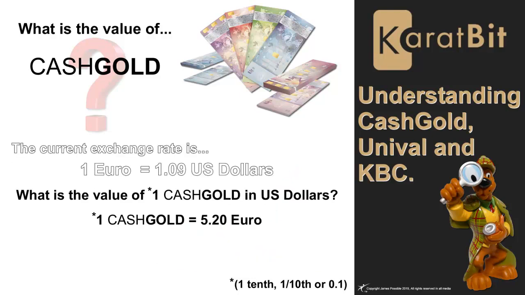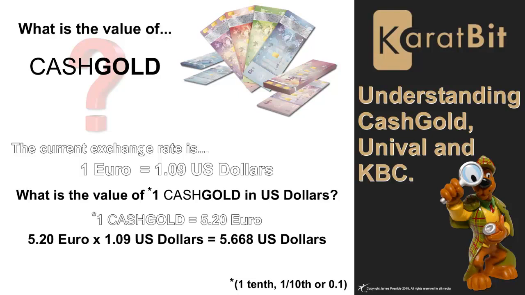Now, what is the value of 1 Cashgold in US dollars? 1 Cashgold equals 5.2 euro. 5.2 euro times 1.09 US dollars equals 5.668 US dollars, or $5.66. I'm rounding down, okay?